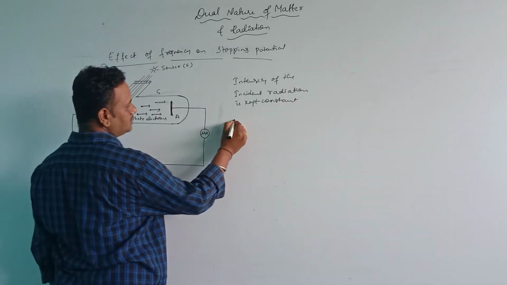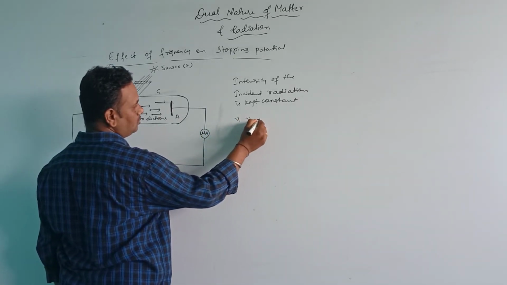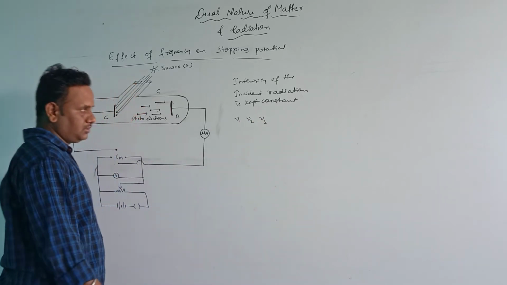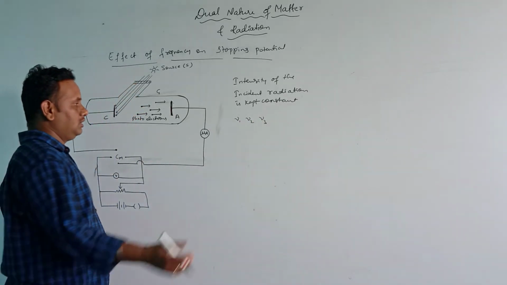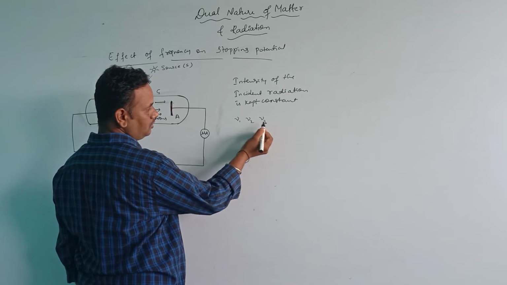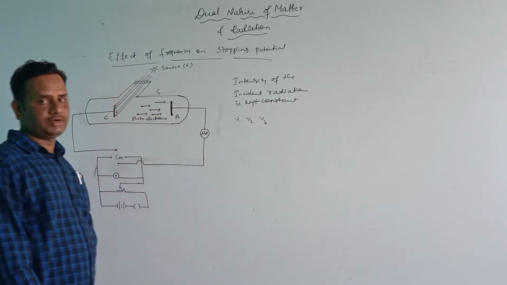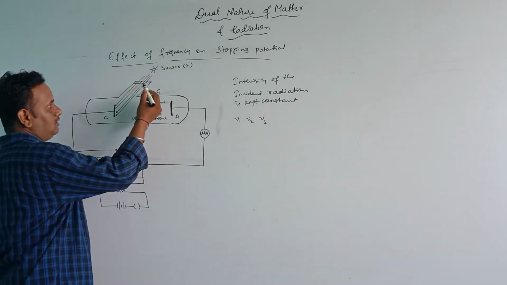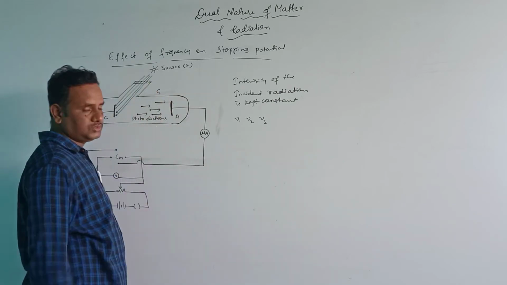For different frequencies, say nu1, nu2, nu3, these are the three different frequencies of the light radiations coming from the source.